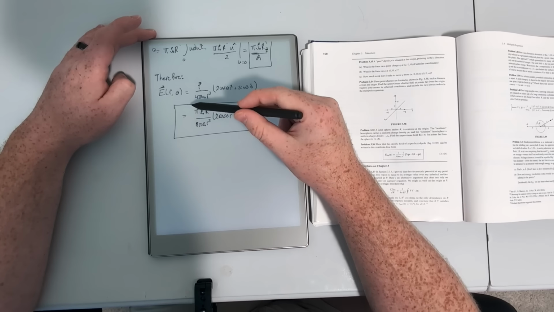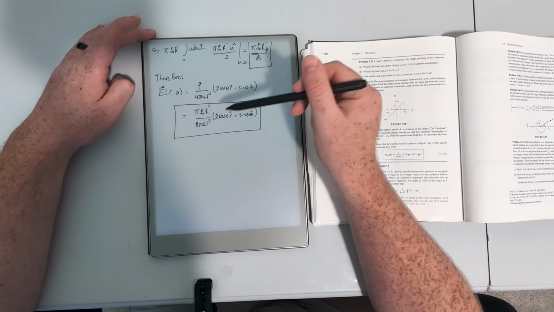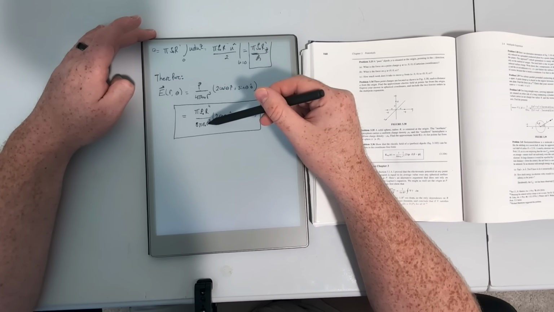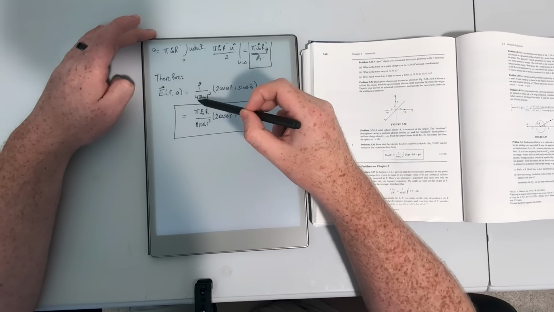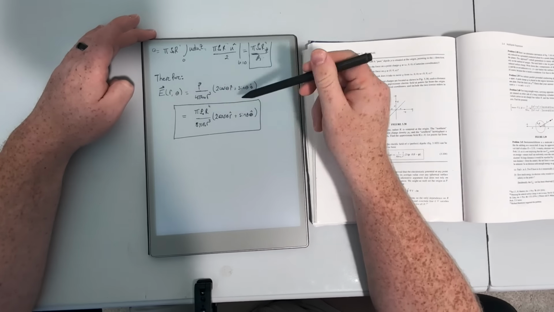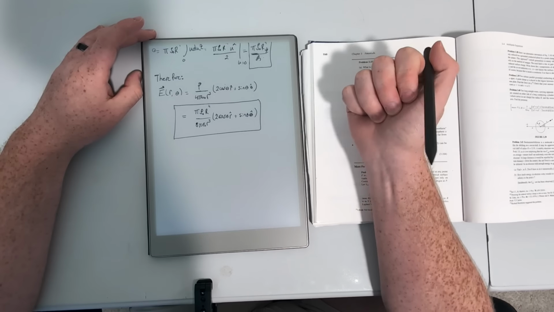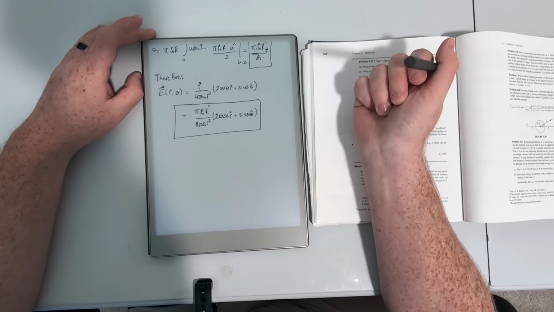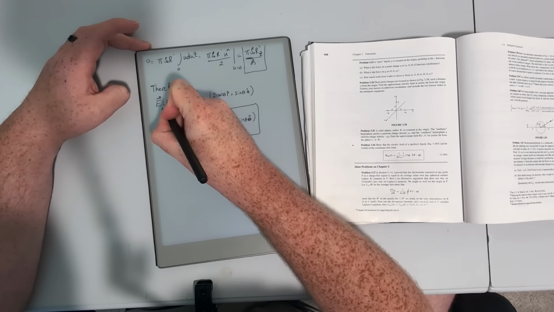So we get pi rho naught R to the 4th divided by 8 pi epsilon naught r cubed, because the 2 on the bottom here makes that an 8. And then we get our 2 cosine theta r hat plus sine of theta theta hat. And I guess I should write this as the electric field of a dipole.